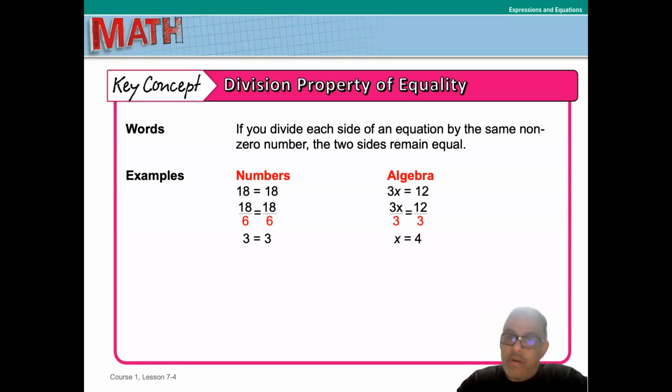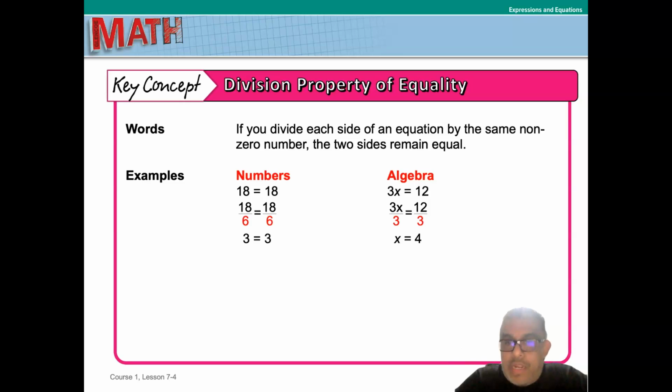This is a numerical equation. What happens when they divided both sides by 6? Because we're looking at 18 items divided into 6 groups. Each group gets 3. So that means that this remains equal. I could divide this by 3 even further. 3 items into 3 groups will give me an answer of 1. 1 equals 1. That will remain the same.